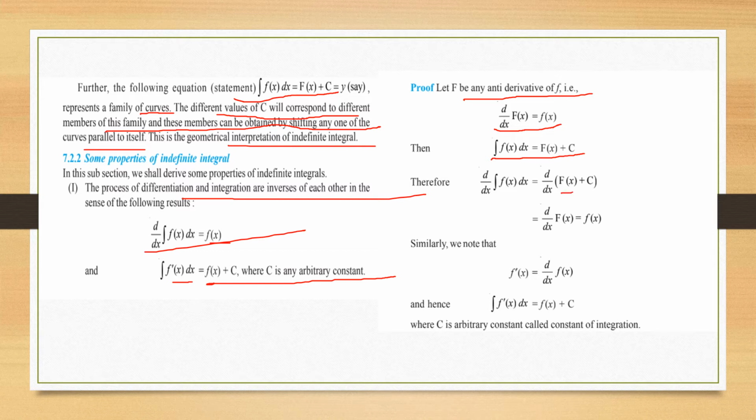You can separate now: d/dx of F(x), and d/dx of c will be 0. And what is the d/dx of F(x)? It is given as f(x). Similarly we note that f dash x is d/dx of f(x), right? And therefore integral of f dash x dx is equal to f(x) plus c, where c is some arbitrary constant of integration.